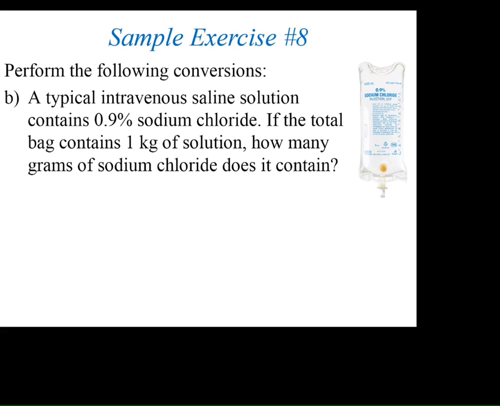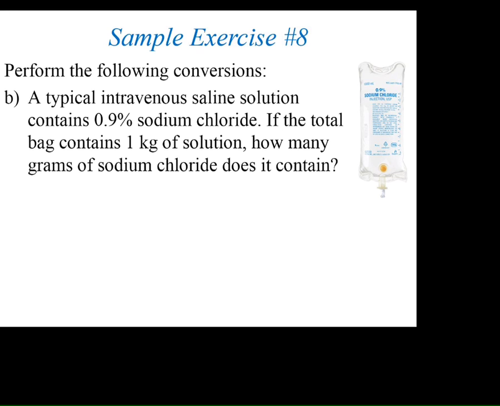So 0.9%. Okay, 0.9% means there's 0.9 out of 100, right? 0.9 sodium chloride out of every 100 whatever solution. Again, you can use grams to grams, kilograms to kilograms, whatever you want to do. In 1 kilogram of solution, I'm trying to take the kilogram of solution and turn it into grams of sodium chloride.